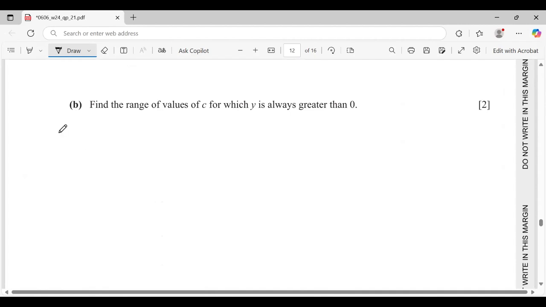Next, for a quadratic equation like this to be always positive, it means this parabola never touches or crosses the x-axis.